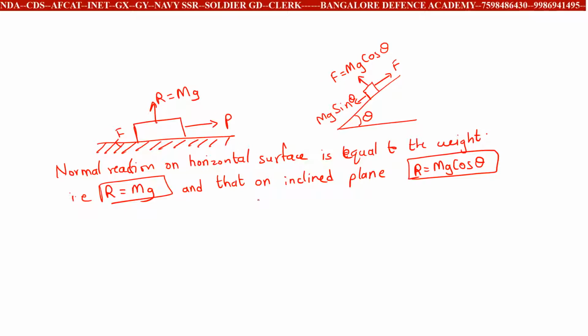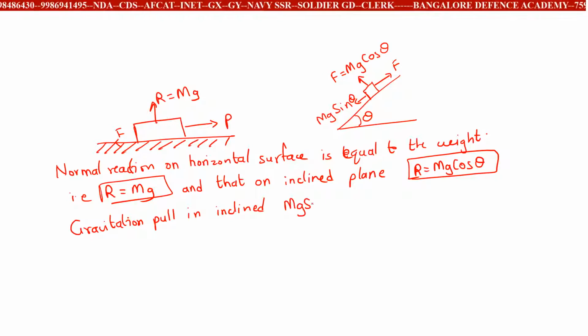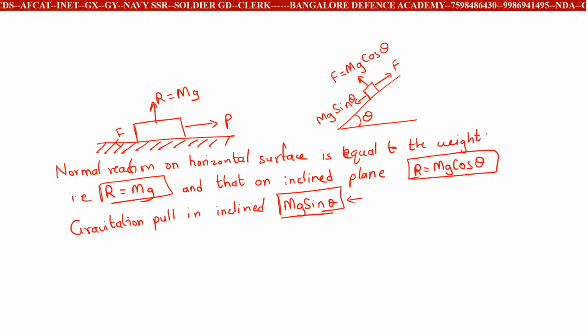Next, on the inclined plane, you can write down the gravitational pull. The gravitational pull on the inclined plane is given as mg sin theta.